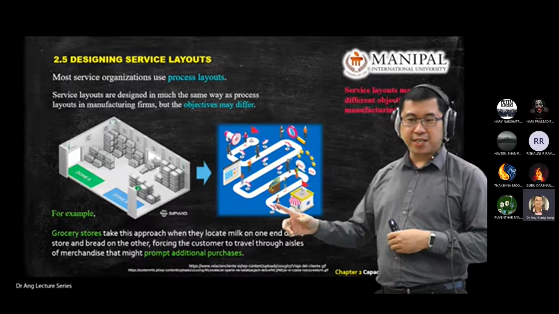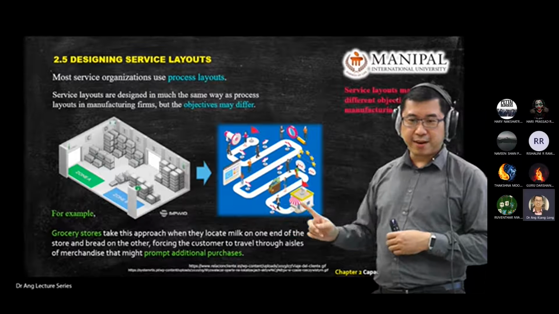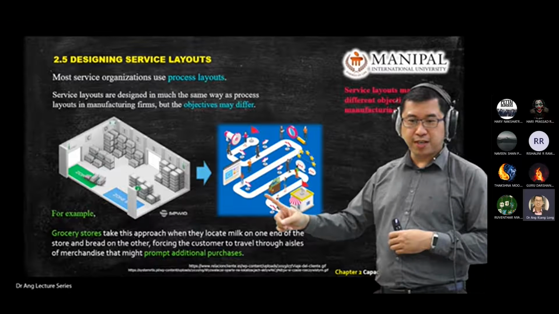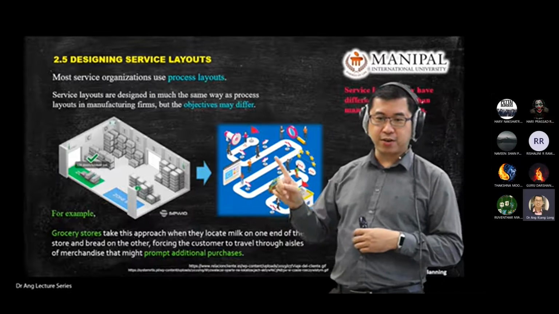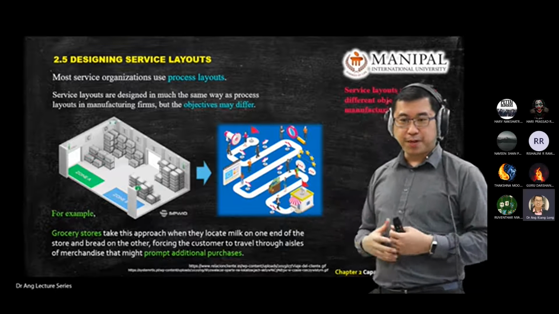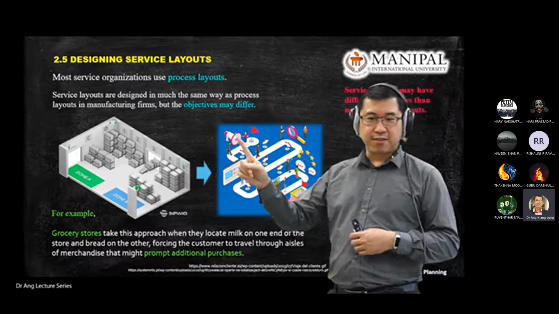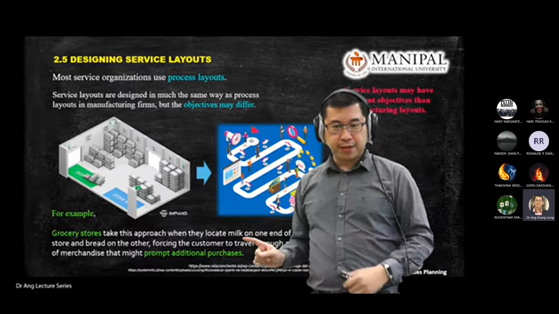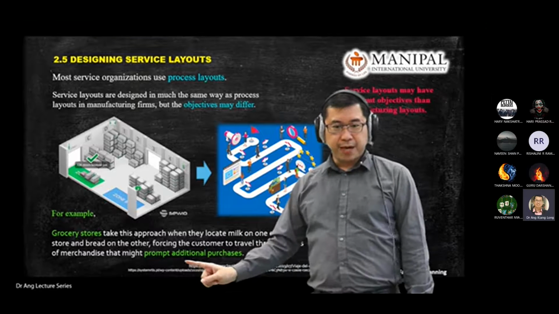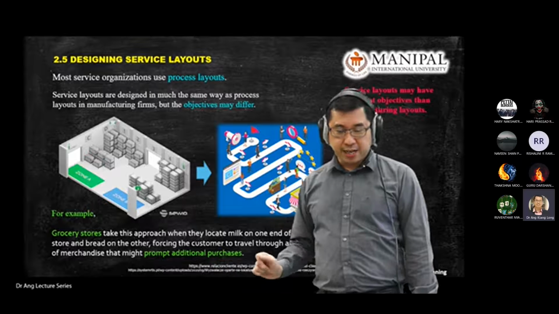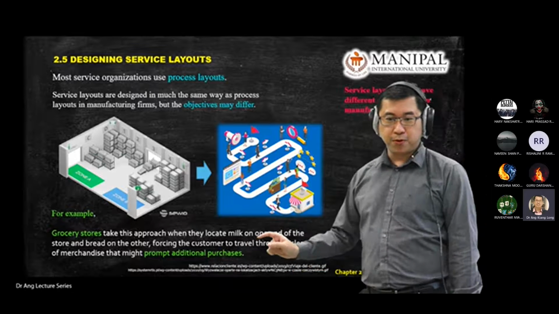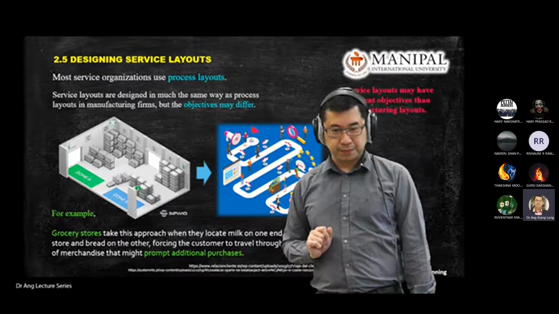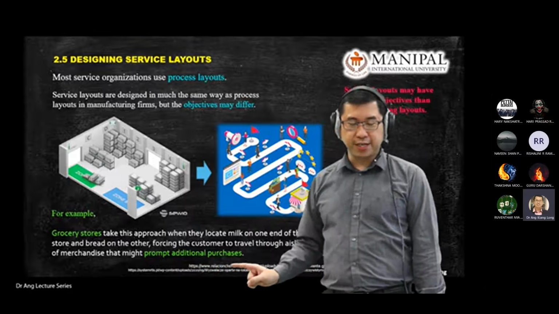So you purposely design in such a way where you have to walk past different sections, and then you get the things that you want to buy, and then you check out. With this kind of service layout, one of the benefits is that at the end, the customer will purchase more than the original plan. It is to push additional sales.